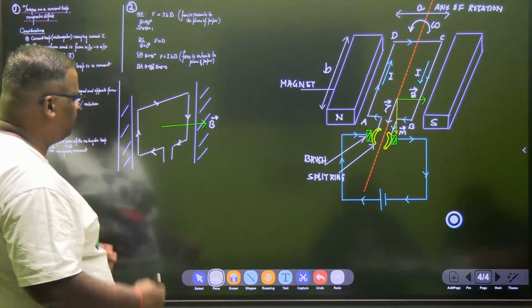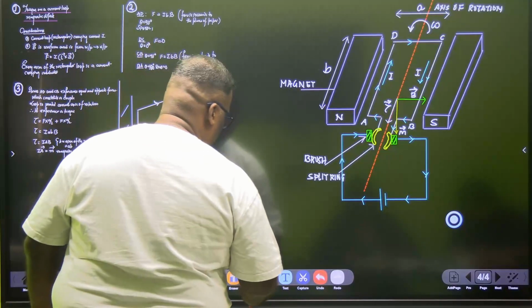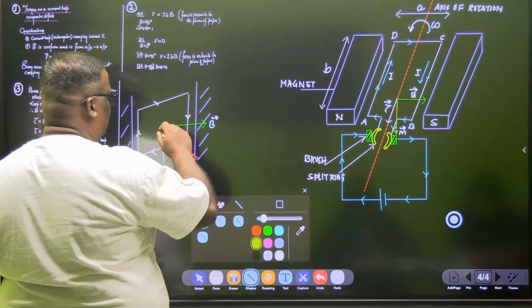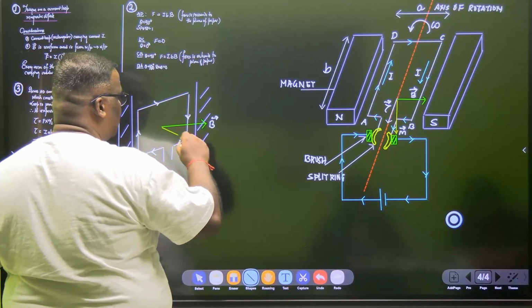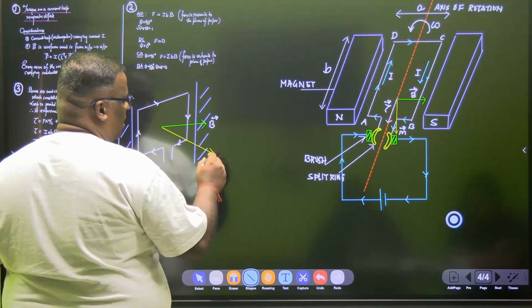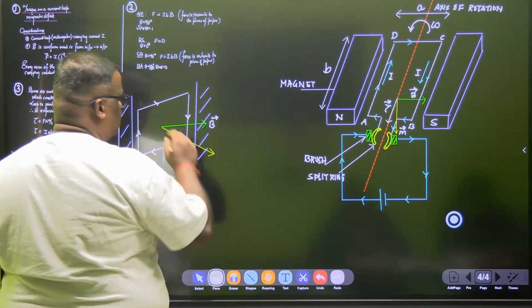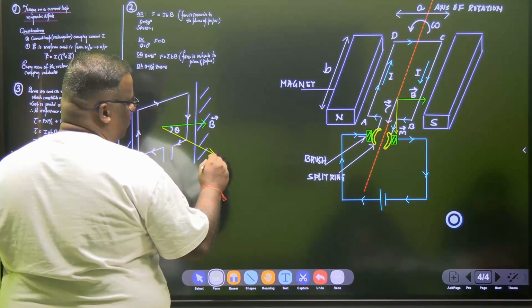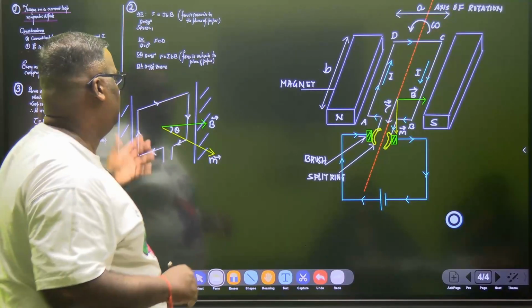And then I have to bring out my area vector or the M vector. And this is my area vector or M vector, whatever you say now.